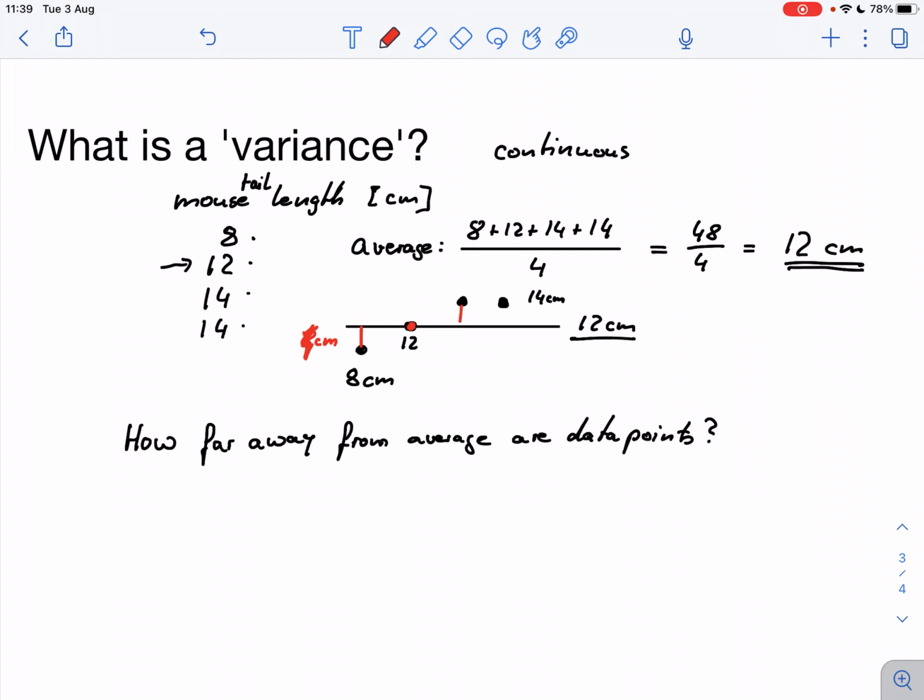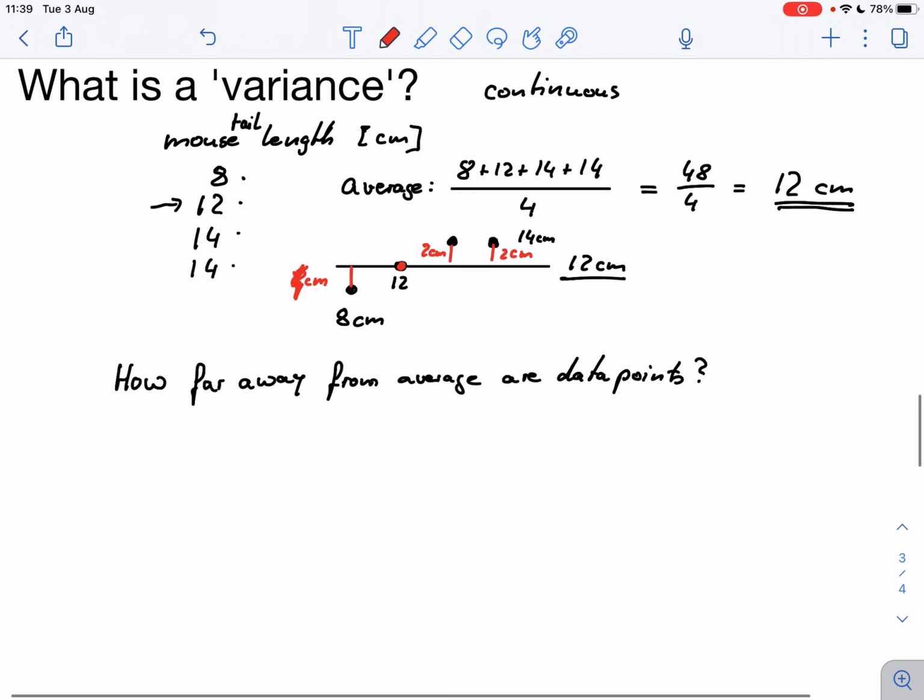And this one here would be 2 centimeters, and this one here is 2 centimeters. I didn't draw it to scale, apologies for that. So we have 4 centimeters, 2 centimeters, and 2 centimeters, and here 0 centimeters for this one.